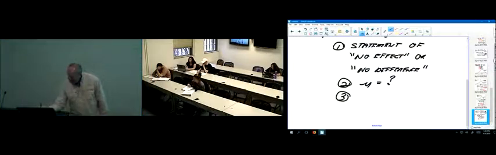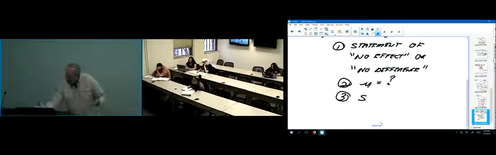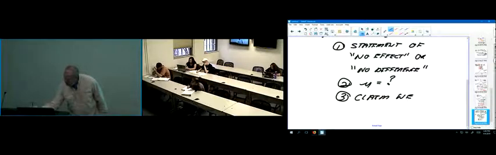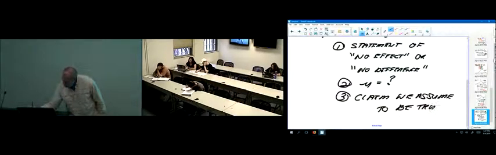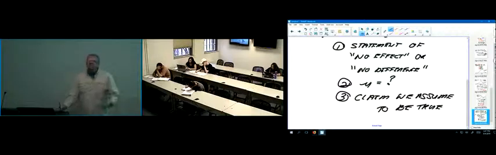3. It's the statement or the claim or the hypothesis. I'm going to use claim here. It's the claim we assume to be true. It gets us started.